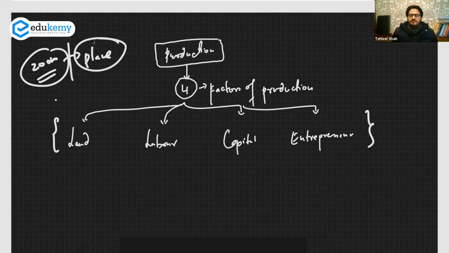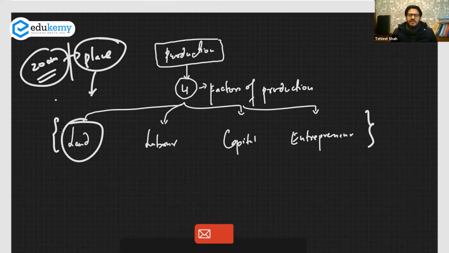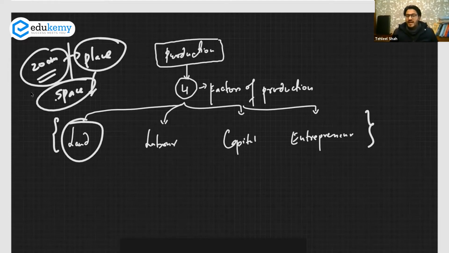Zoom became the place, the building, the digital platform wherein teachers come in and provide the services. That place is considered in economics as land. Even when you are providing a digital service that does not require physical land, it requires some space, a place in the digital world. That space would be considered land in this case.